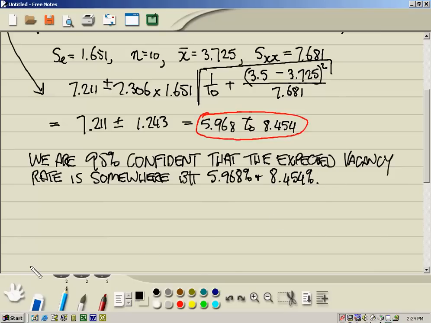That doesn't mean that the actual vacancy rate will be in there, but the expected value will be somewhere between 5.968 and 8.454%. Okay, and that's the end of that example.